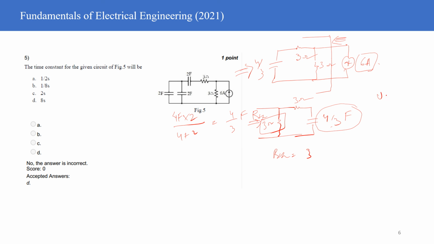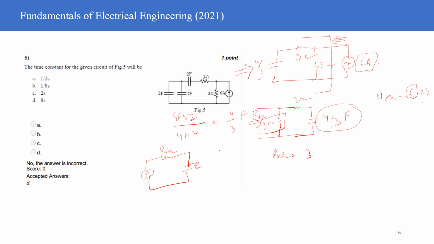And the VTH is going to be given as the current 6 ampere into the 3 ohm resistance. So this is going to be the VTH. Now you have the VTH with you, you have the RTH with you, you have the effective capacitance with you.